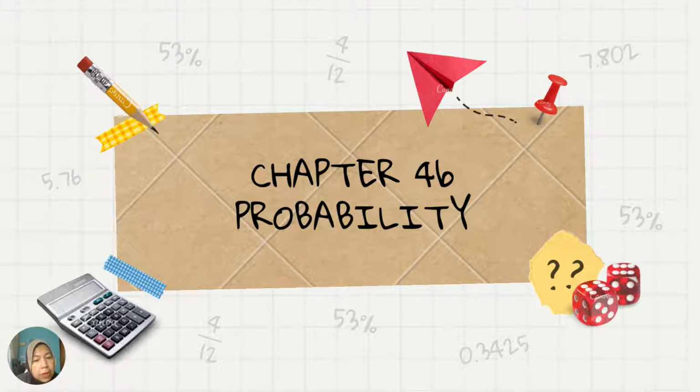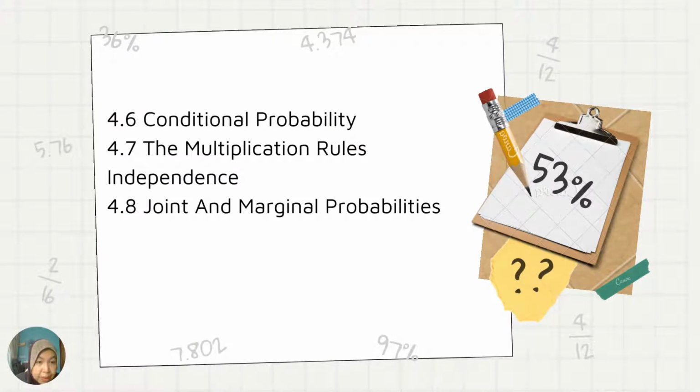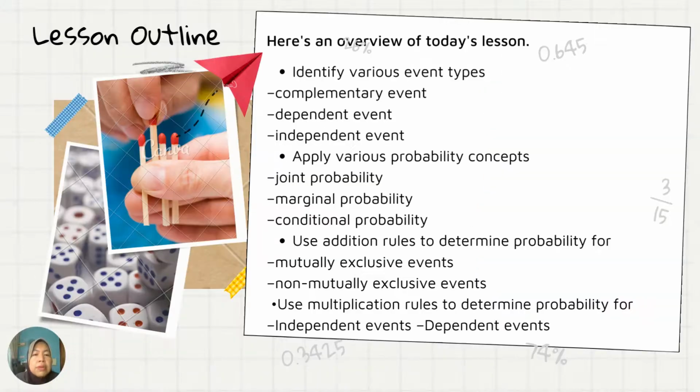Okay, we will go on conditional probability, the addition rules and multiplication rules, as well as joint and marginal probabilities. From this we will have complementary events, dependent events, independent events, and we go into how to apply various probability concepts, through joint probability, marginal probability, conditional probability.